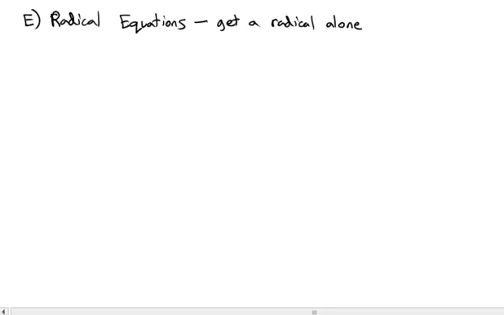One last thing to talk about then with radicals is how we can actually solve radical equations. It's basically going to be a two-step process to take care of radicals. We need to get a radical alone, and then we can clear it with the opposite of a radical, which is an exponent.